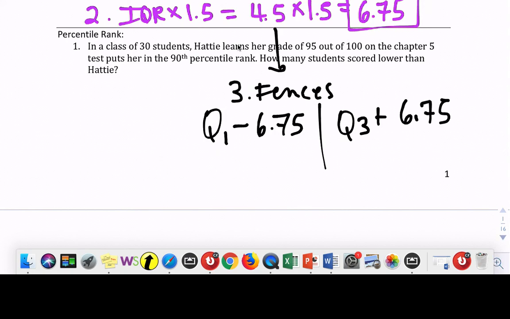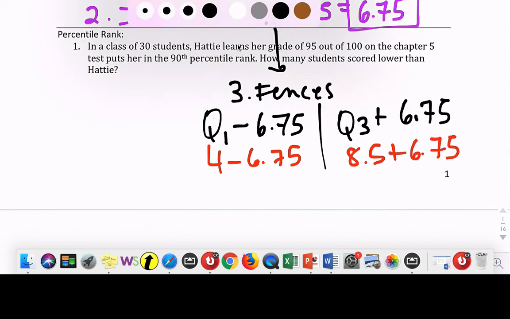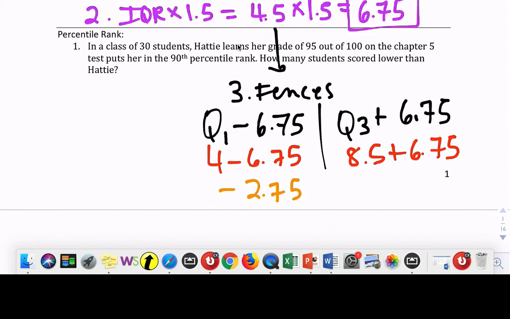In this case, Q1 was 4, so we do 4 minus 6.75. Q3 was 8.5, so we add our magic number. So if we have any number below negative 2.75 or above 15.25, anything outside of these fences will be outliers.